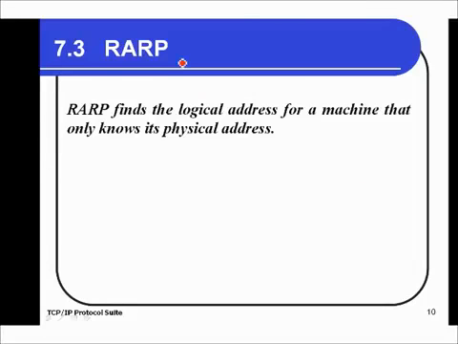RARP, reverse address resolution protocol. RARP finds the logical address for a machine that only knows its physical address. A reverse address resolution protocol request is created and broadcast on the local network.